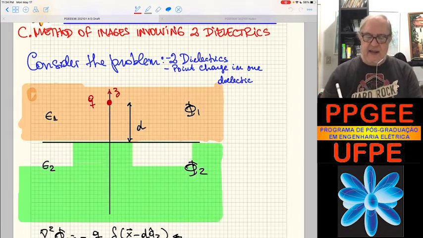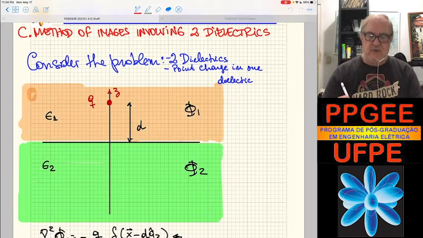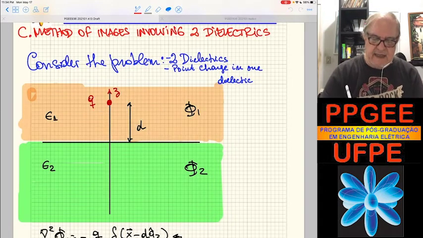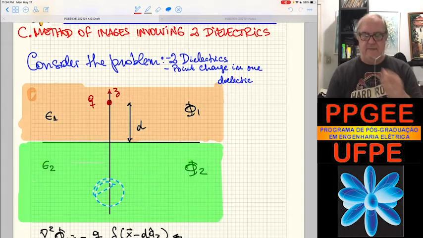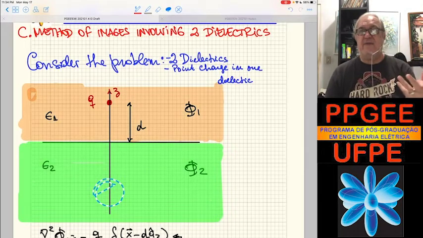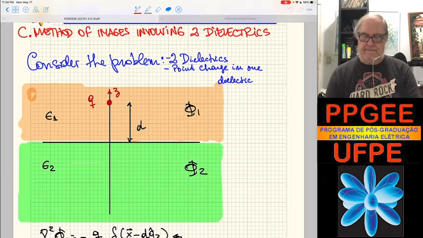And in the same way, the solution in region 2 has to be due to the charge and the image charge located in region 2. Right? You can do that. You could play with that and find those values and locations of those image charges. So we're going to do it a little differently.